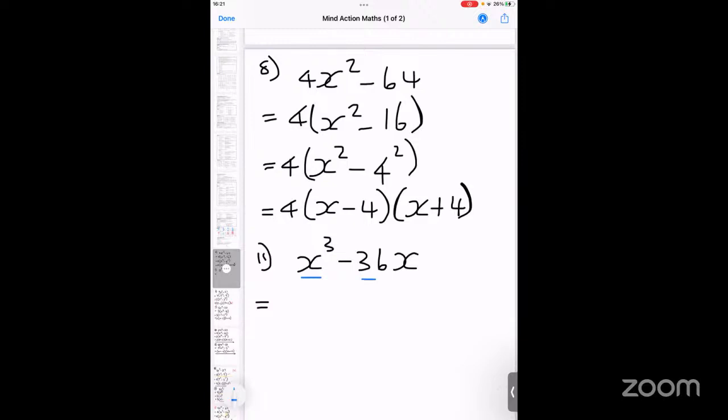Even this must be something squared. If that can be made something squared, you also make it x squared. But if it can't be made something squared, we have that option of taking it out if it is a common factor.